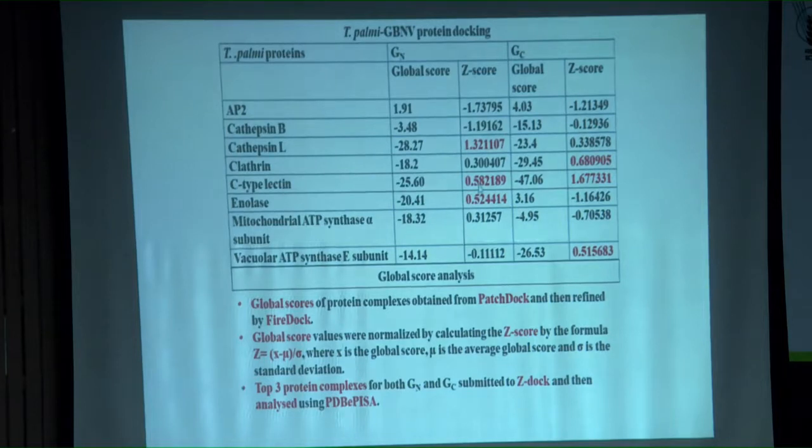There may be some interactions, more or less; in the prediction model you will get 1, 2, 3 interactions, but you have to always go for the best interacting protein. So for that you have to do the Z score analysis, and based on the Z score you can select the top 5 or top 3. Here we selected the top 3 for GN and the top 3 for GC. Okay.